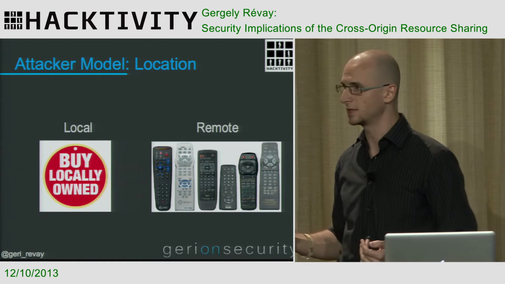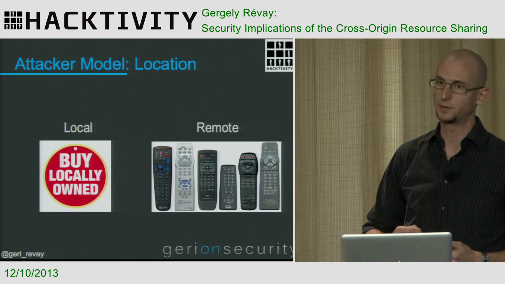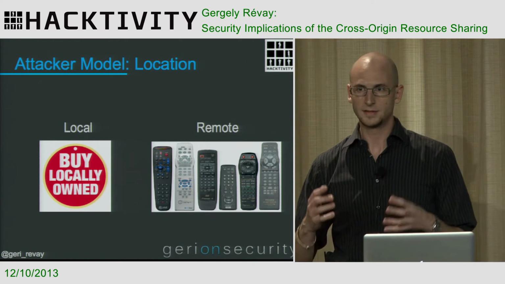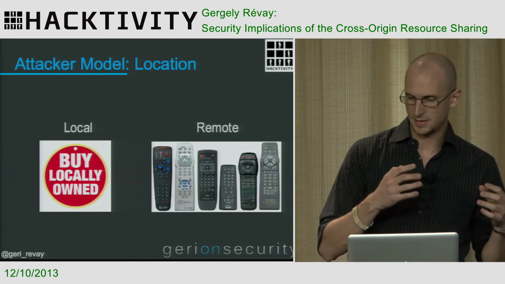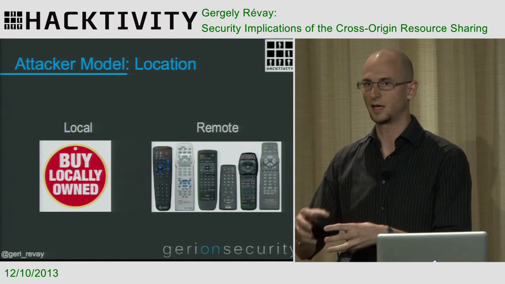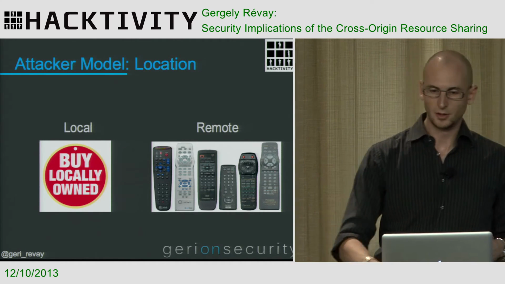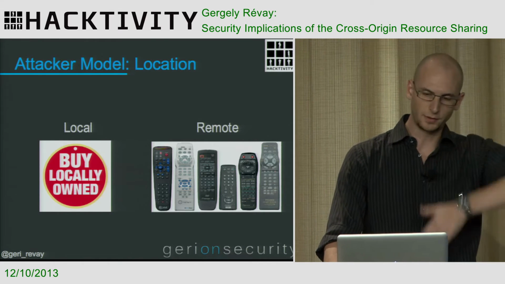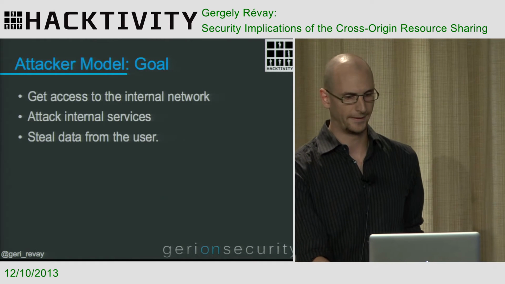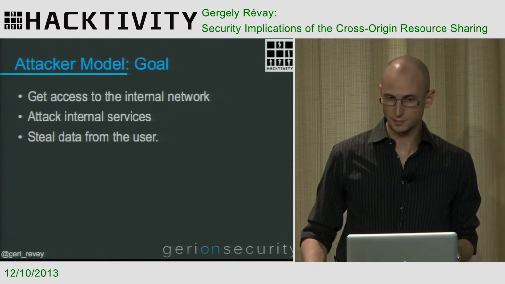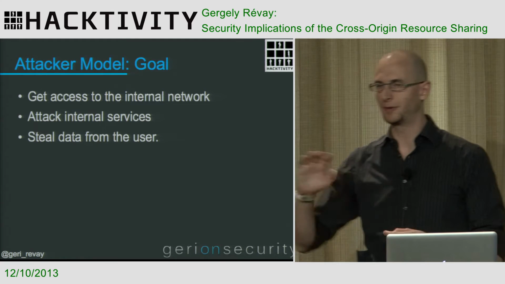That's why I said I was being confusing, because now I'm talking about the location, whether the attacker sits inside the network or not. So he's either a local attacker in the same network where the target is, or a remote attacker coming from outside who tries to get access somehow. And again, the goals: you can imagine plenty of different goals.